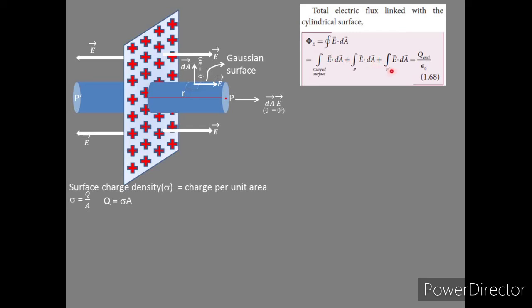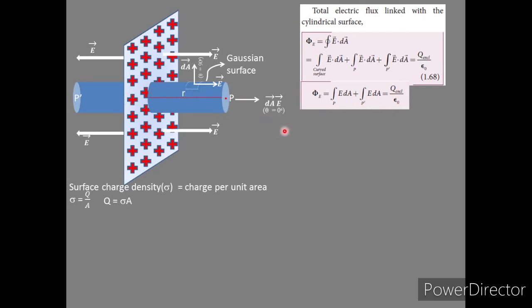So only the remaining two integration parts will be accounted. Therefore the total electric flux will be the sum of the two integral parts, and that will be equal to the net charge enclosed by the permittivity of that medium. So inside the Gaussian surface, we are going to consider air or vacuum. No other medium is represented. We have considered only the free space.